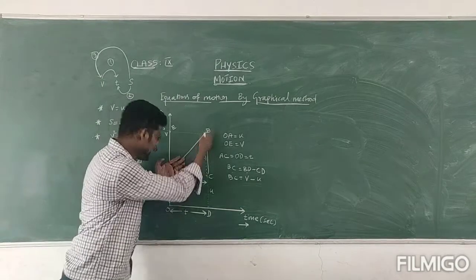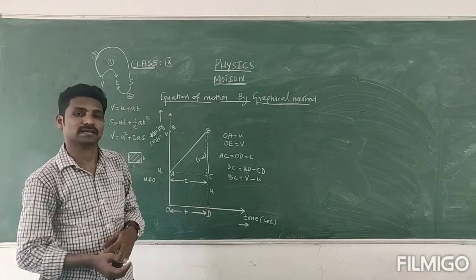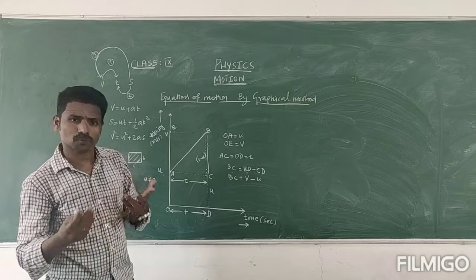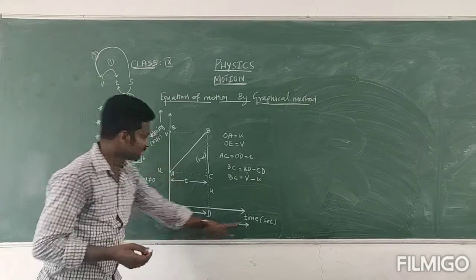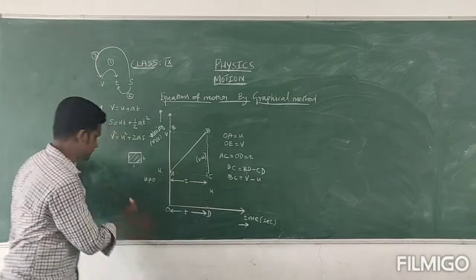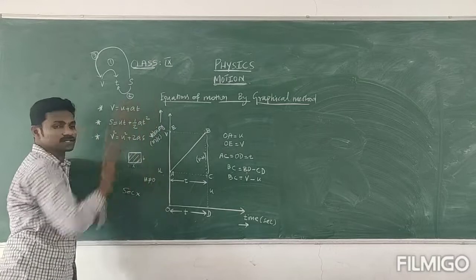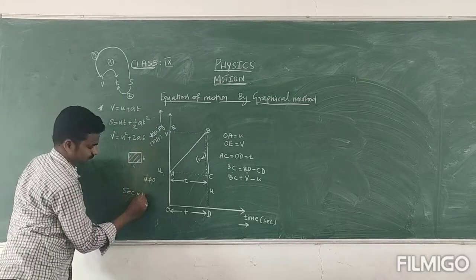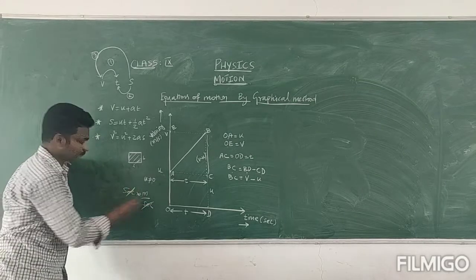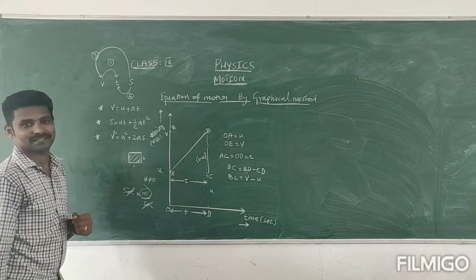Like that, in this structure, we multiply the x-axis and y-axis values, and you get position. How? See, the x-axis unit is second, and the y-axis unit is meter per second. Second cancels, so what is remaining? Meter. Meter means position.